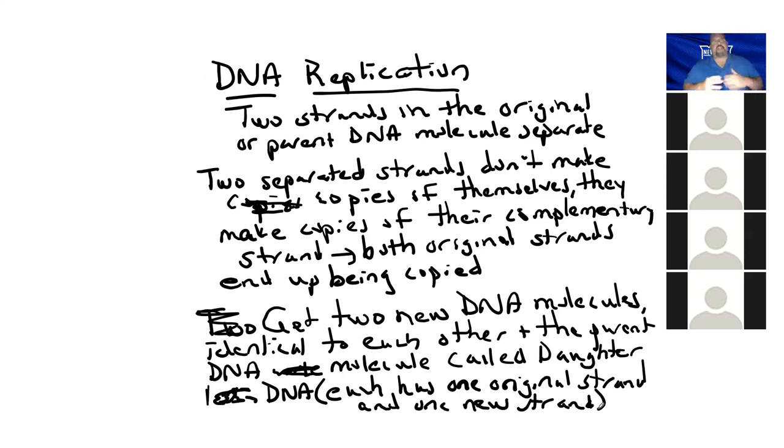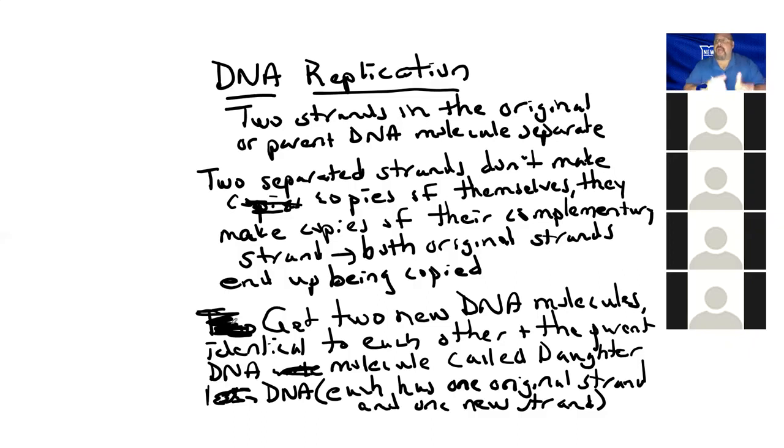So every time a DNA molecule gets replicated, you don't get one molecule, you actually get two DNA molecules. These two new molecules are what are called daughter DNA. The two daughter DNA are not only identical to each other, but they're also identical to the original or parent DNA. And the daughter DNA, just like the parent, has two strands, one original and one new strand.